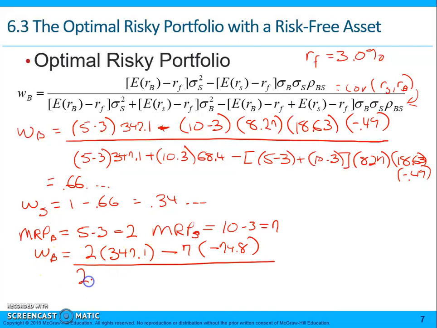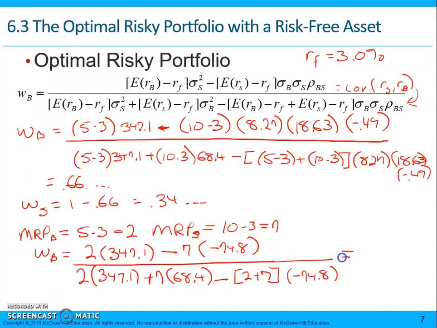So we got 2 times 347.1 plus 7 times 68.4. Then we're going to subtract our two market risk premiums. So we got 2 plus 7, and we're going to multiply that by the covariance of minus 74.8. And again, that should give you 0.66 and something.